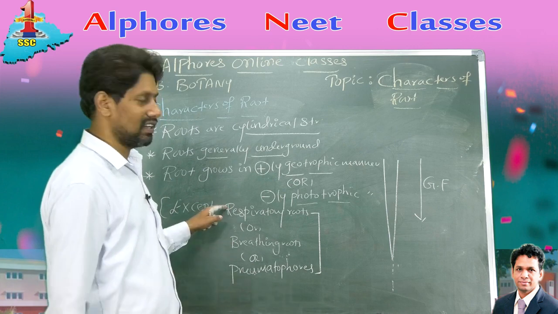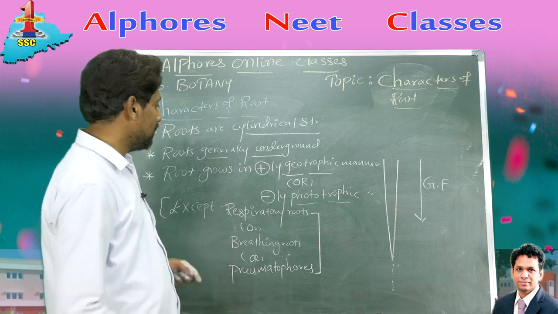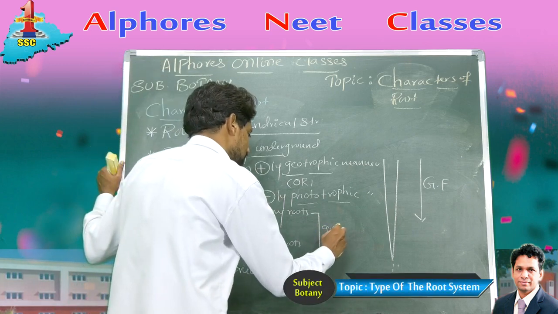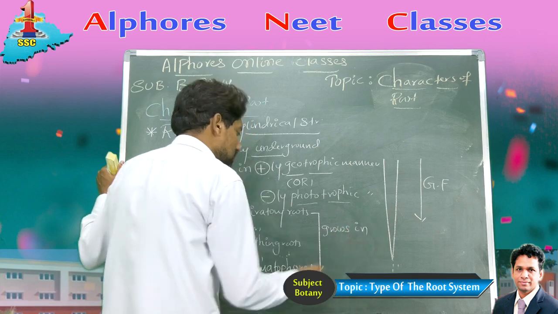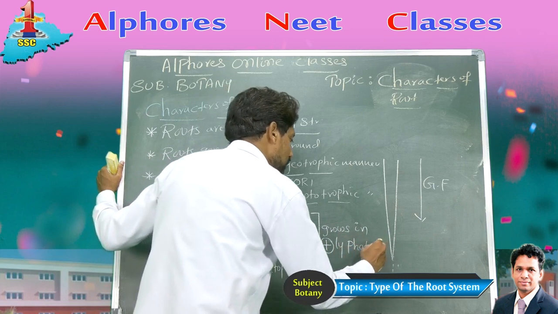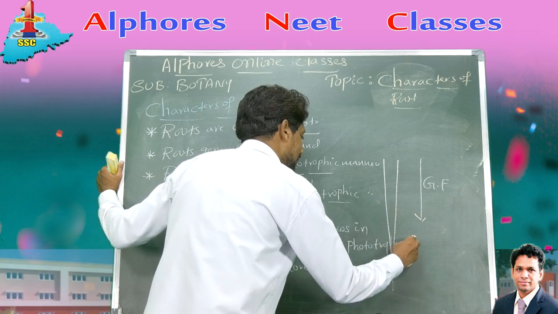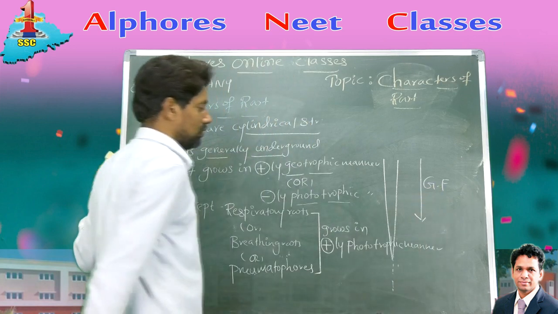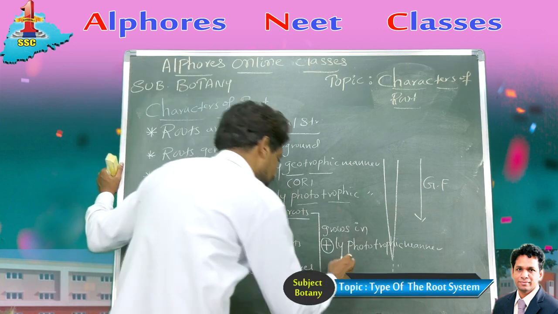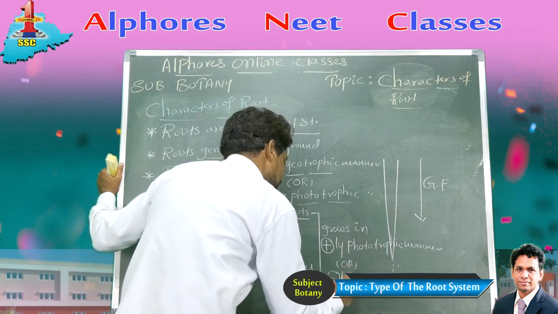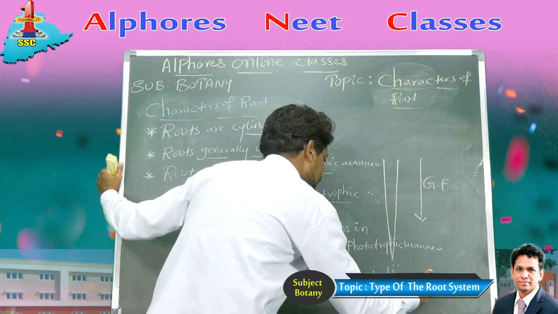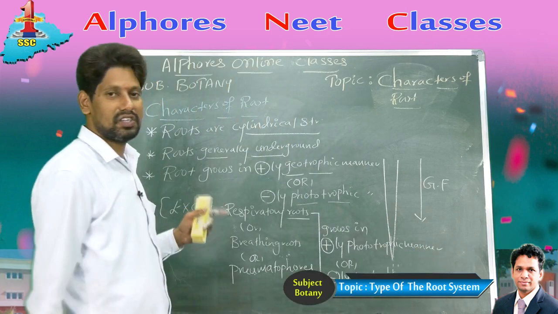Therefore, you have to remember one important statement: respiratory roots grow in positively phototrophic manner or negatively geotrophic manner. Generally, stem grows in positively phototrophic manner, but respiratory roots are roots growing in positively phototrophic manner or negatively geotrophic manner.